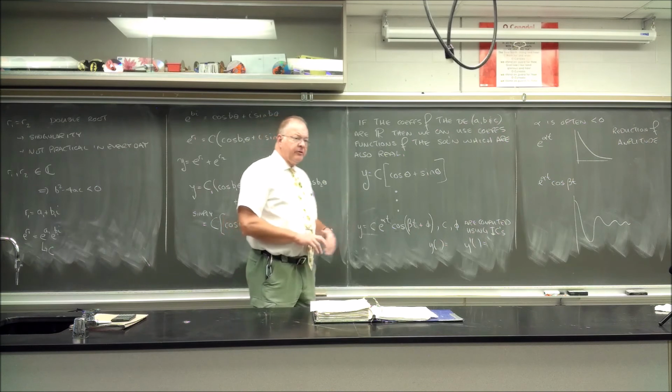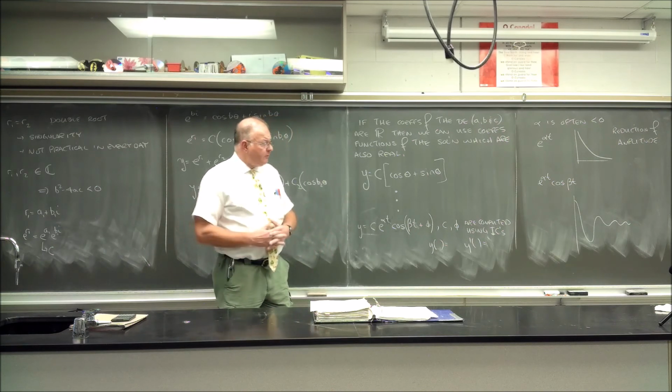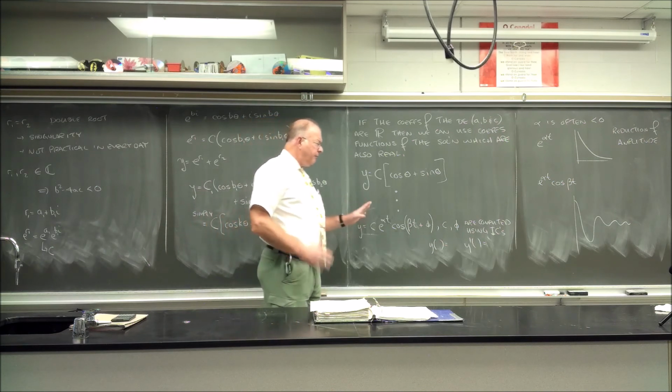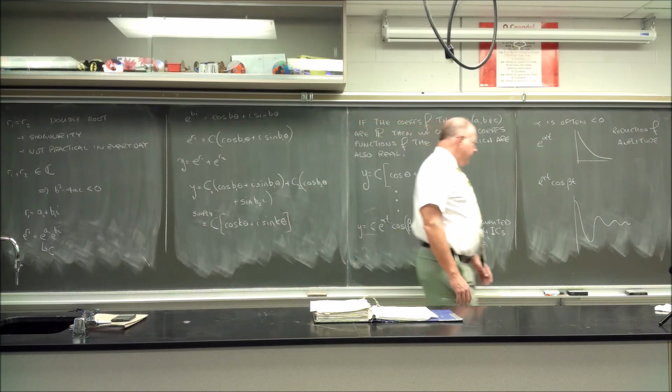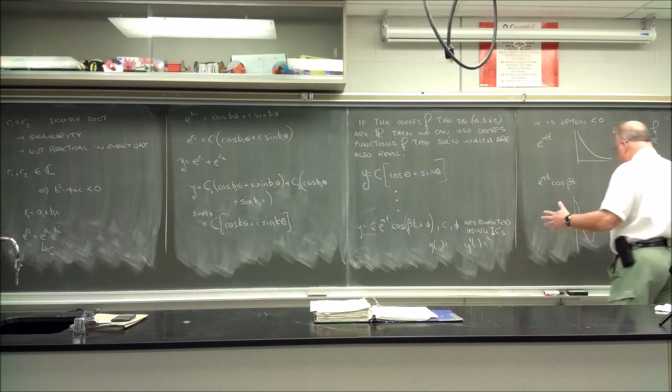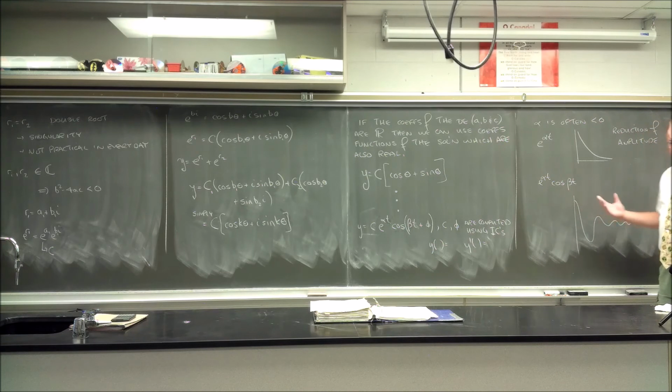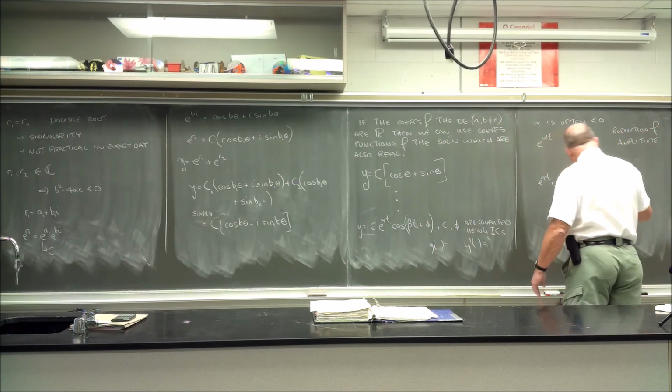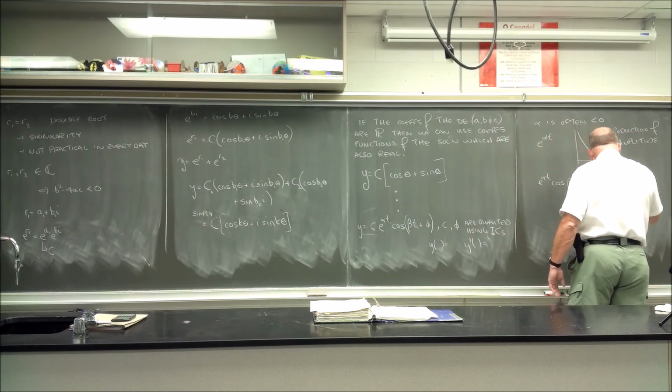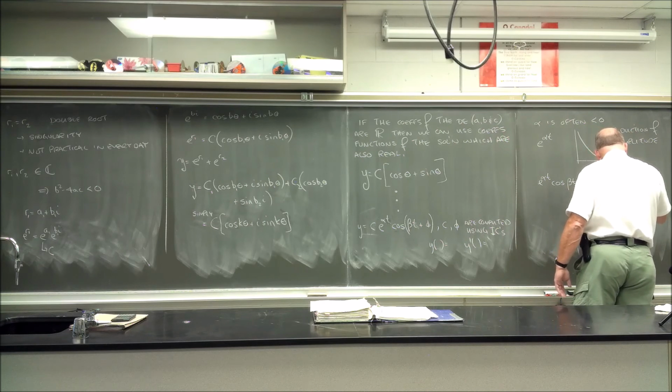Whether it's electronics with different types of devices or mechanical devices, this is going to be a very common arrangement. Now, the nature of this and the frequency and all the rest is a function of the coefficients, but that's secondary. So this is a way to look at what we call a damped harmonic oscillator.